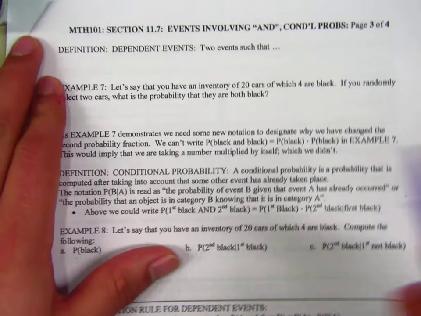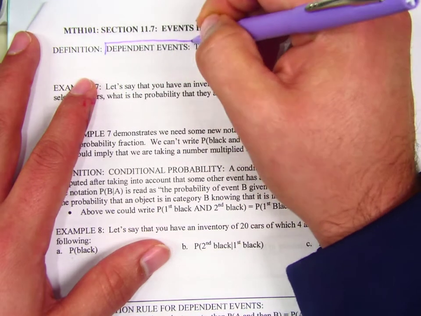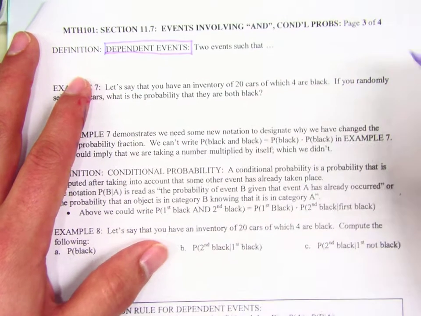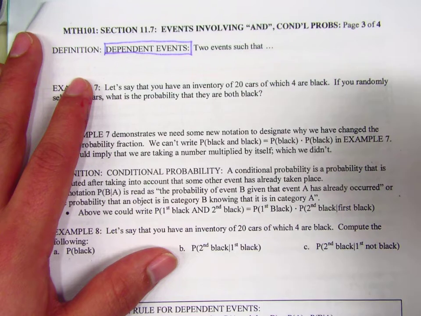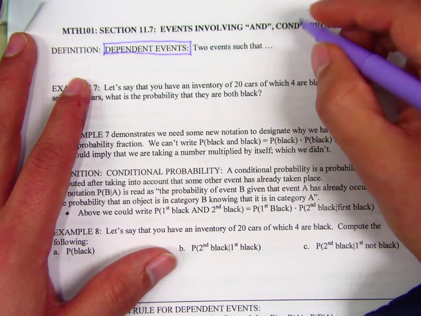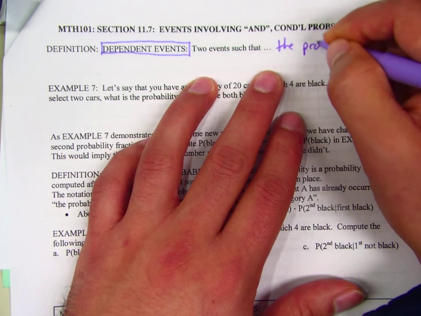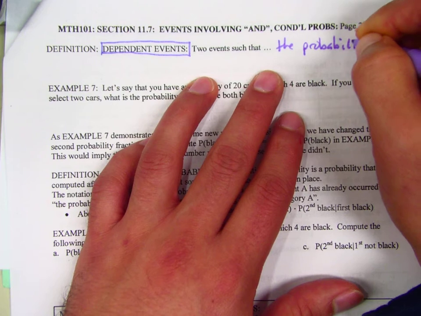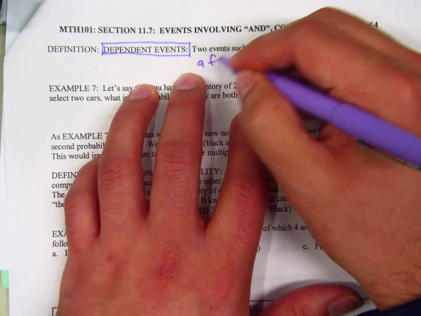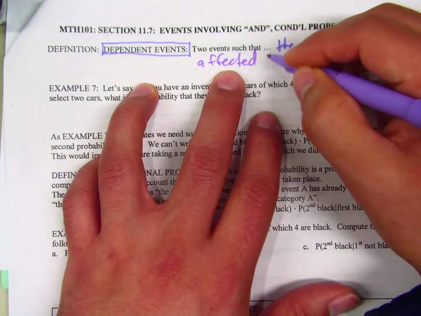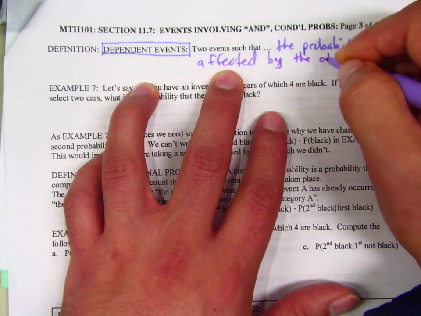So for dependent events, we kind of defined this in class yesterday, but let's write it down again. These are two events such that the probability is affected by the other events.